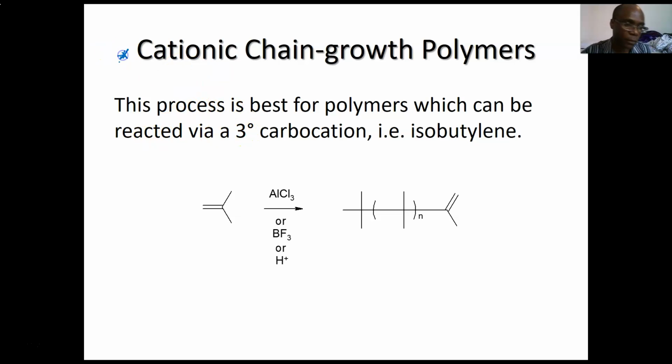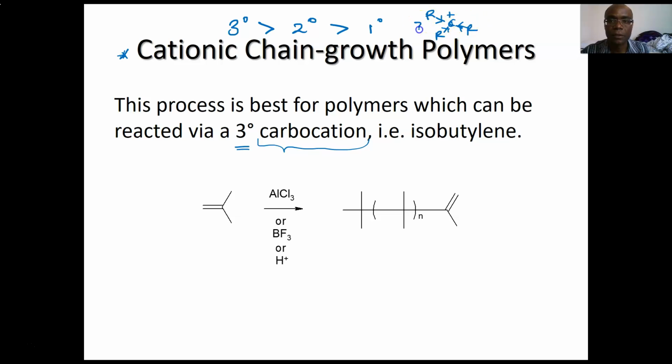Cationic chain growth polymers. This is the polymerization where you have to go through formation of a carbocation intermediate, preferably a tertiary carbocation. Remember what we said: tertiary carbocations are more stable than secondary, and secondary are more stable than primary. The reason being, carbon-containing R groups tend to donate electrons towards the plus-charged carbon, neutralizing it.